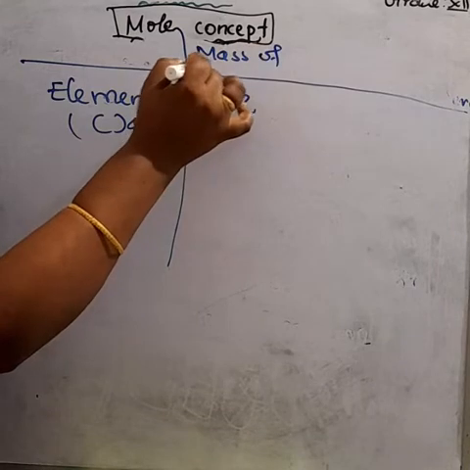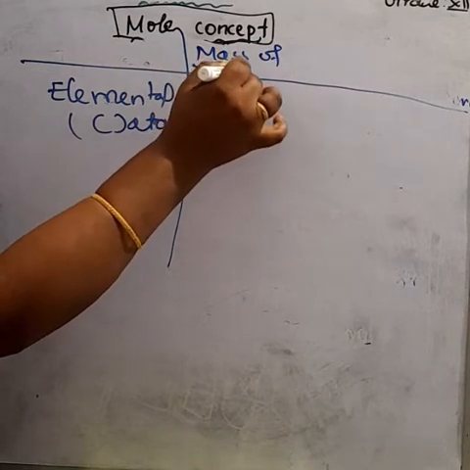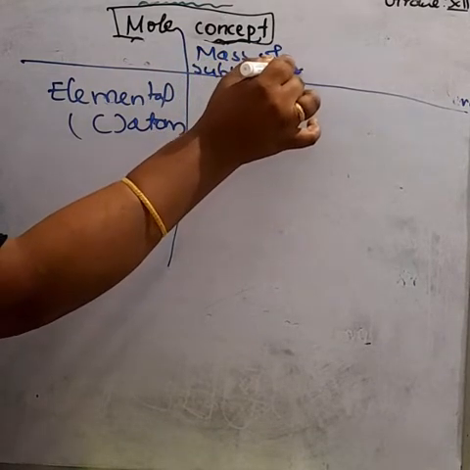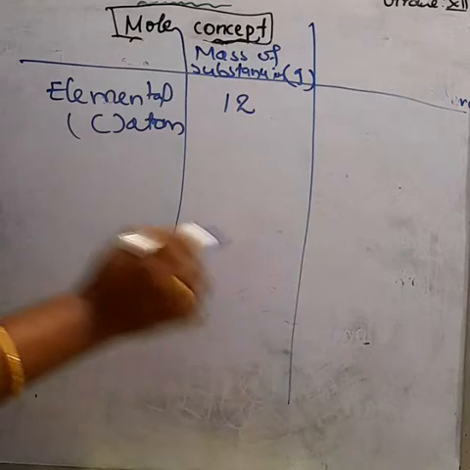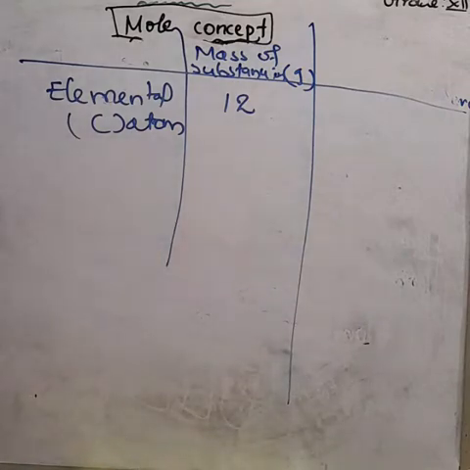How can we understand that 6.023 into 10 power 23 atoms are in 1 mole of carbon, that is, 12 gram carbon? For that, we should know the mass of the single atom contained in the 12 gram carbon.